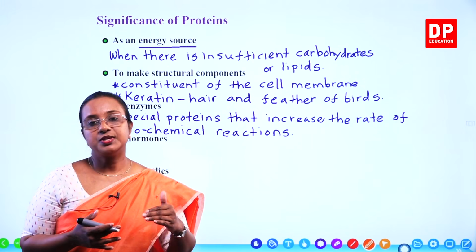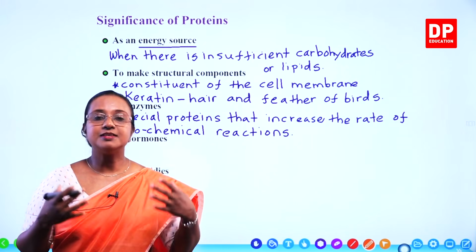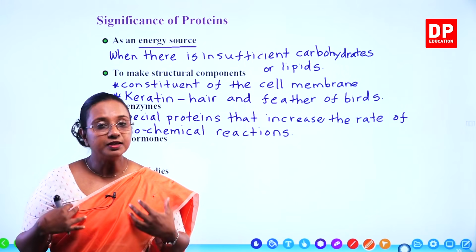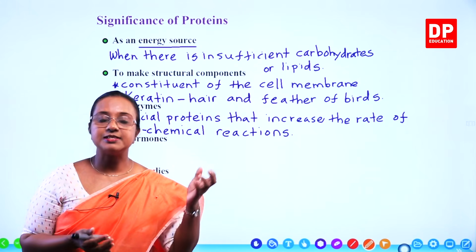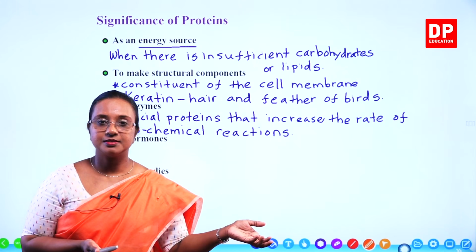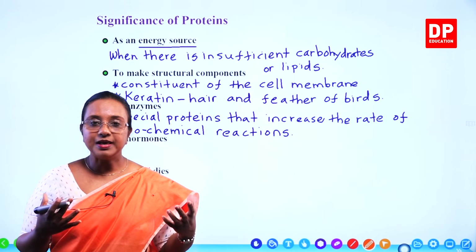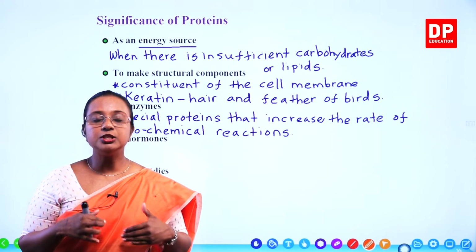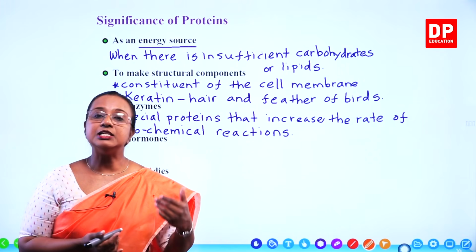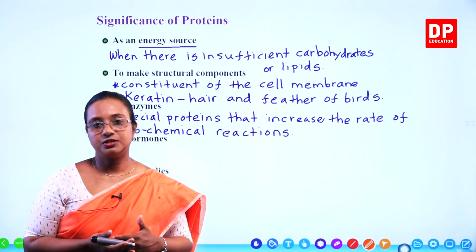This process of maintaining certain factors of the body is known as homeostasis. And all the processes that take place in order for the body to function properly is known as coordination.